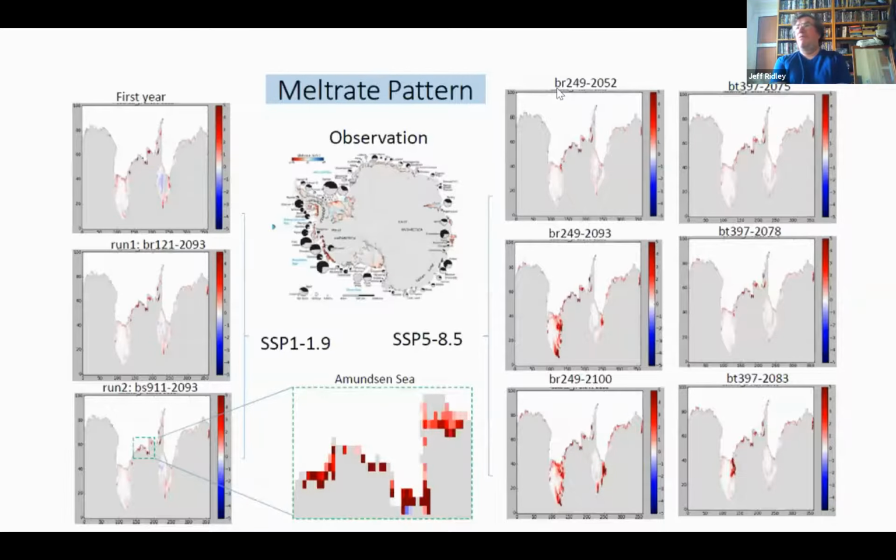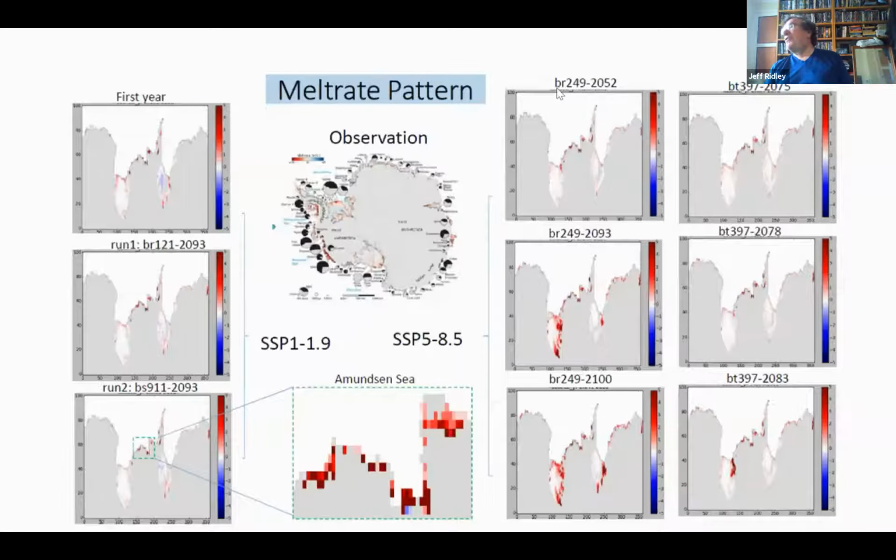So with the climate change simulation, we actually took the CMIP6 scenarios and ran ensembles to look at the change. Although these continent-wide changes show for the high melt SSP 8.5, even from the beginning you're beginning to get melt, particularly in the Bellingshausen Amundsen Sea.